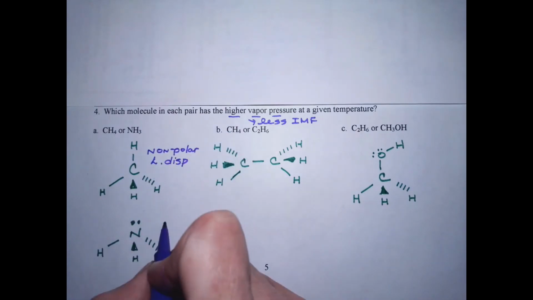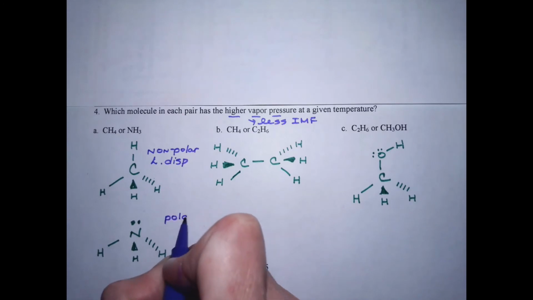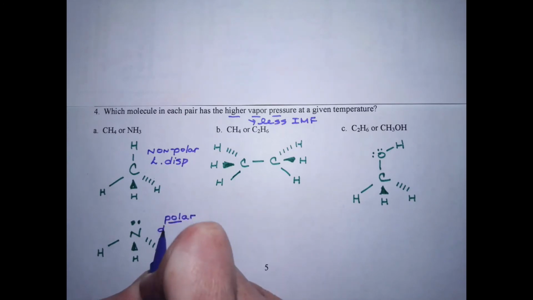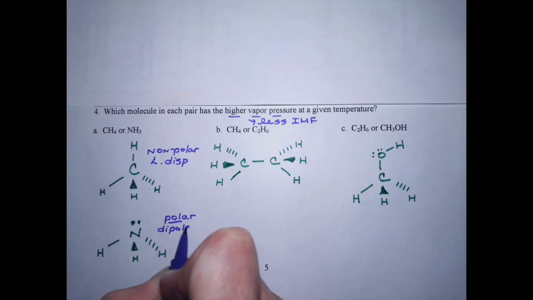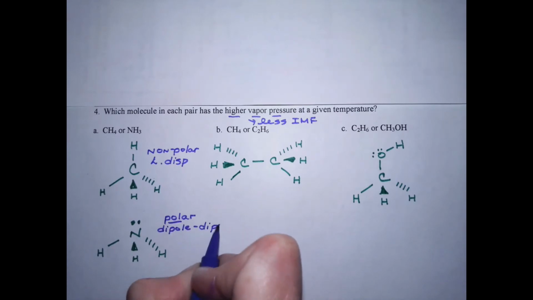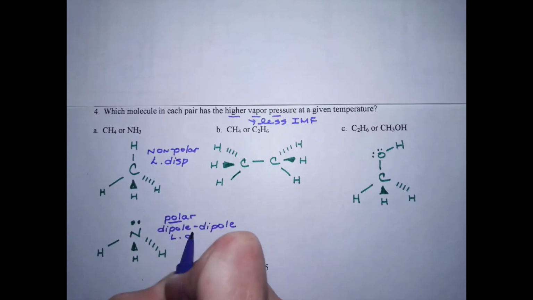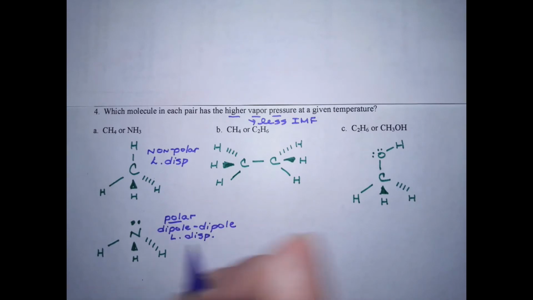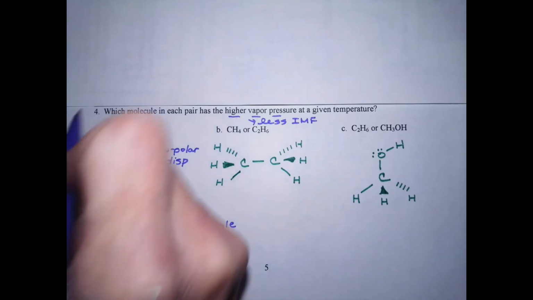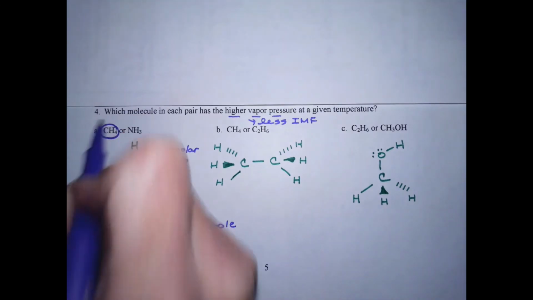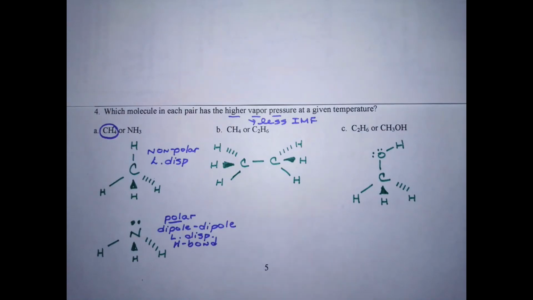Ammonia is polar. We have dipole-dipole intermolecular forces, London dispersion, and hydrogen bonding, because we have an H directly attached to the nitrogen. Less going on with methane, therefore it will exhibit the higher vapor pressure.